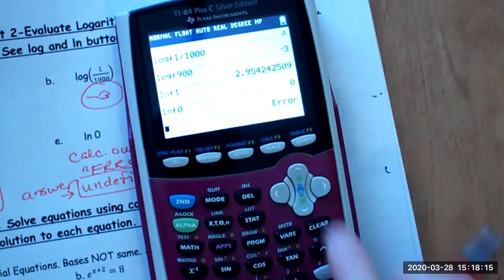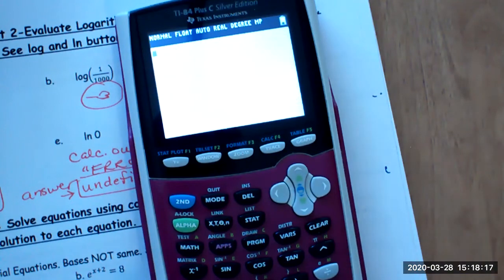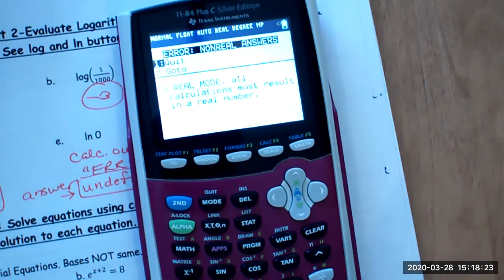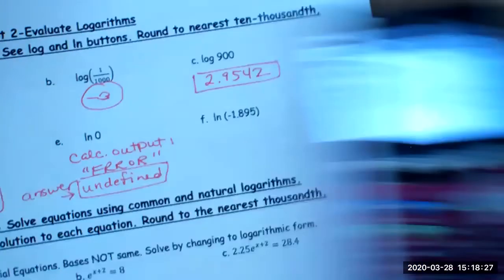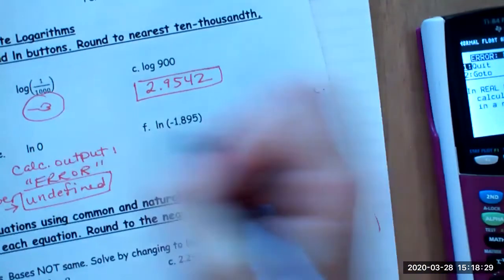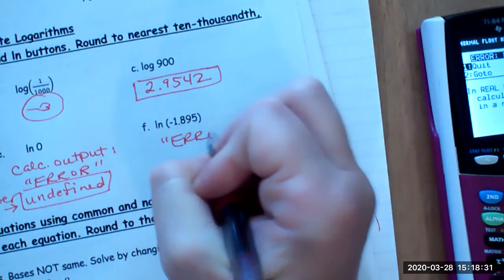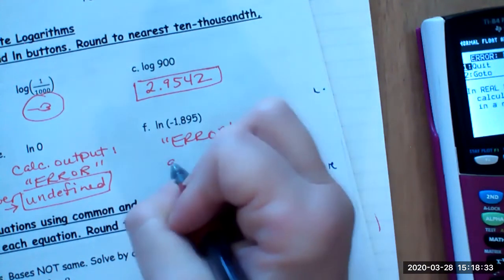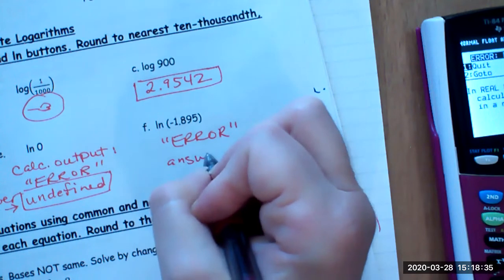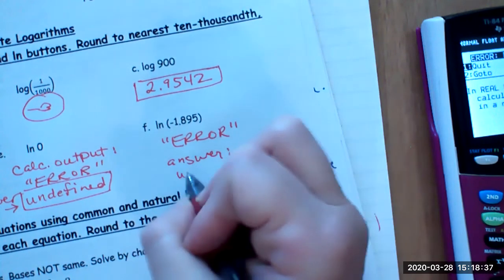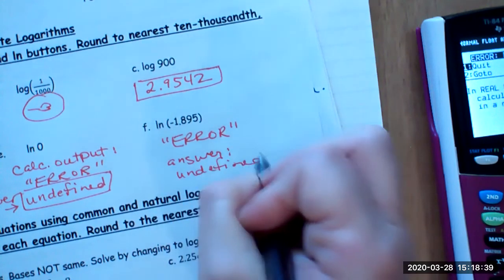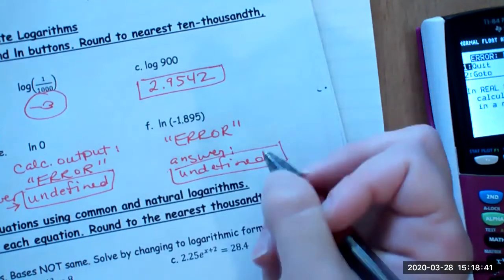If I take natural log of negative 1.895, enter, of course we get an error. And again, you're not going to say error. You're going to say your answer is undefined.